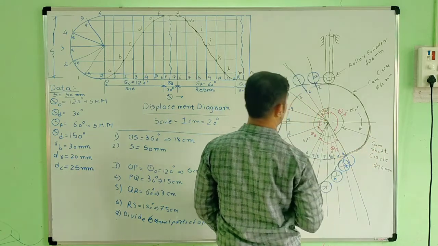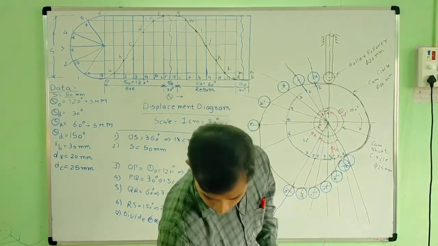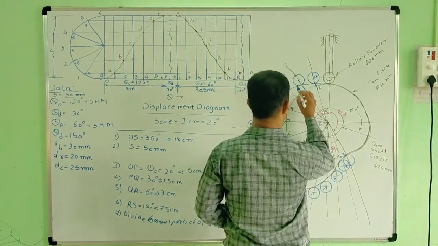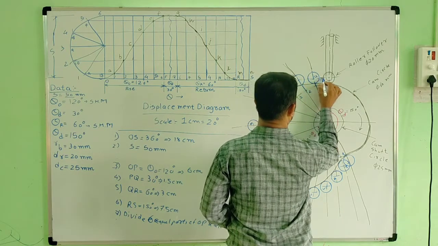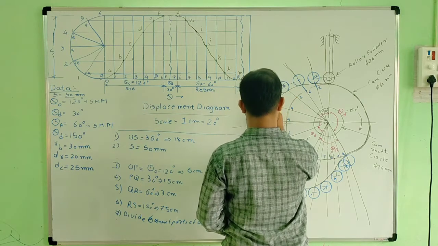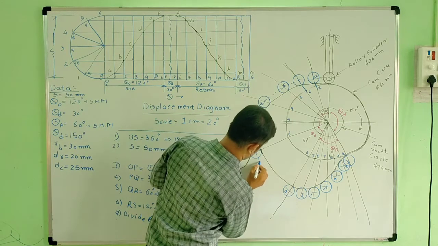Okay. Then we have to draw the pitch curve. So how do we pass it through the center?